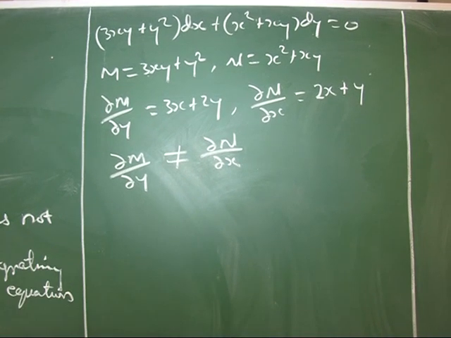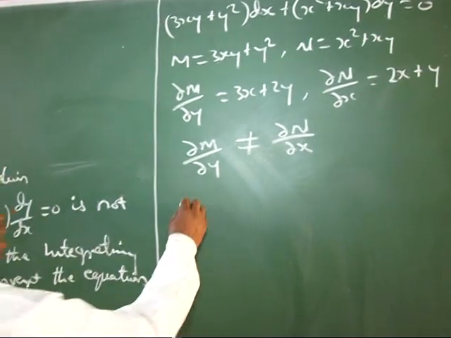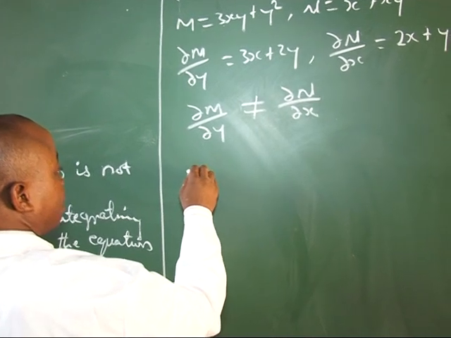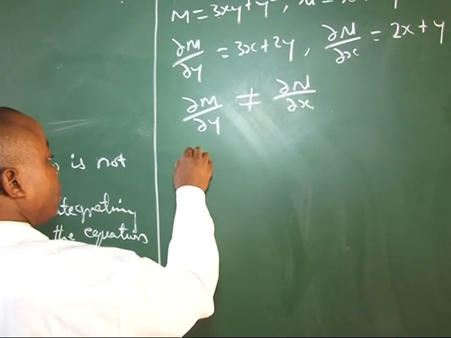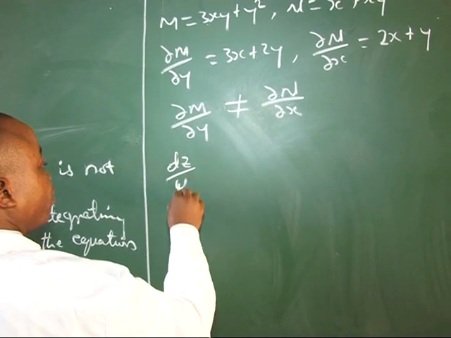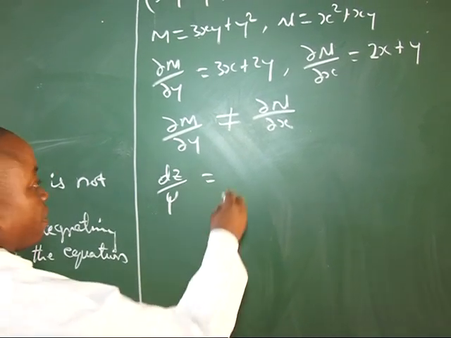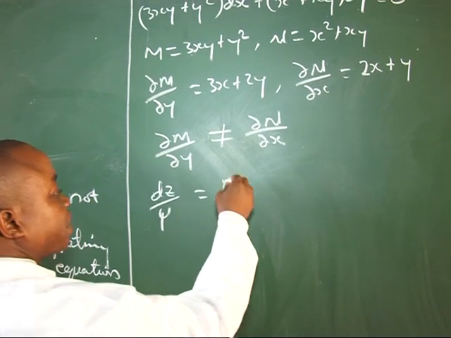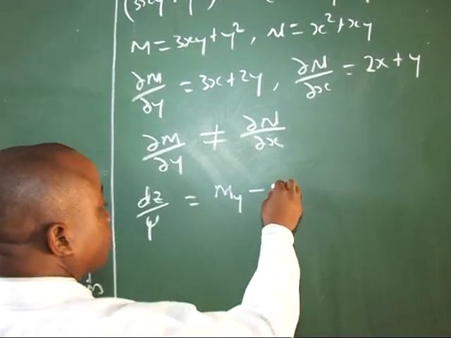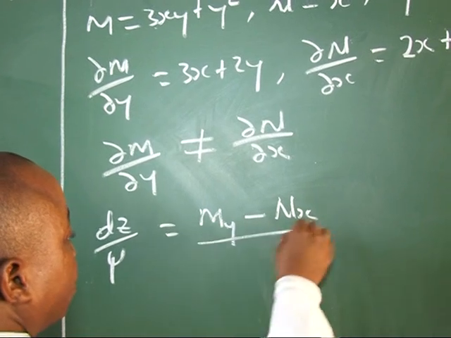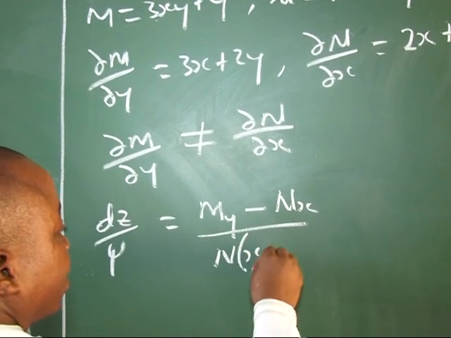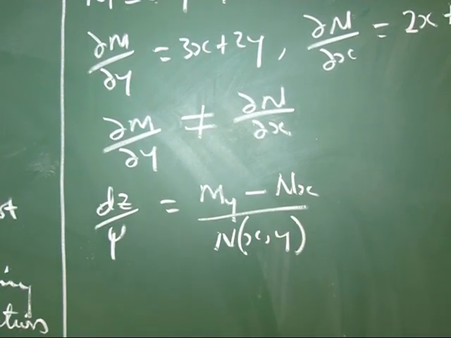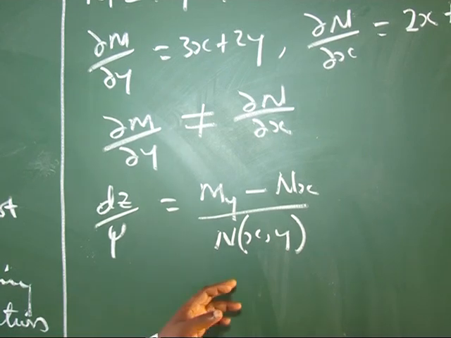But we can convert it to exact by saying that we have dz over mu is (M_y minus N_x) all over N. I want to test this to see whether it is a function of x only.